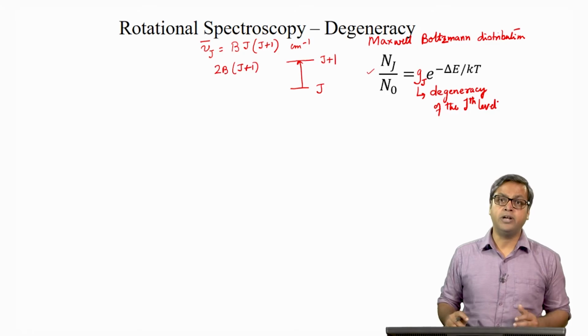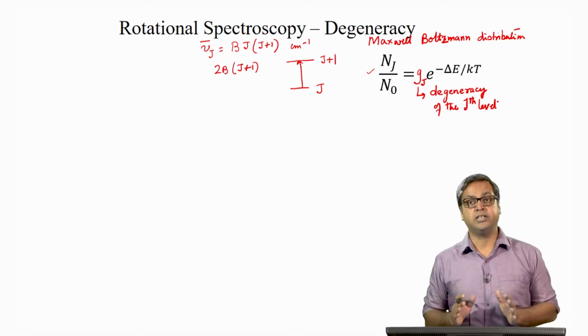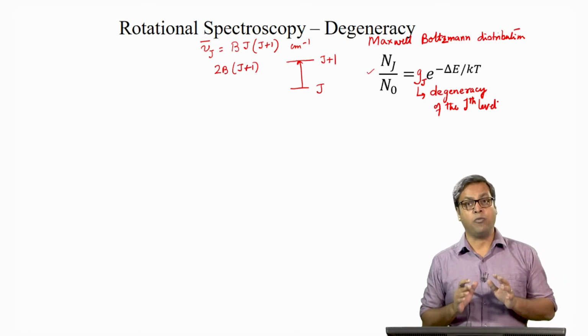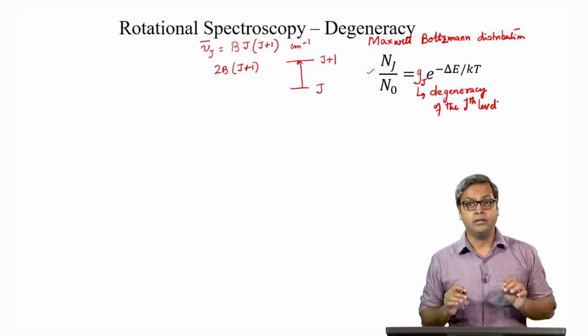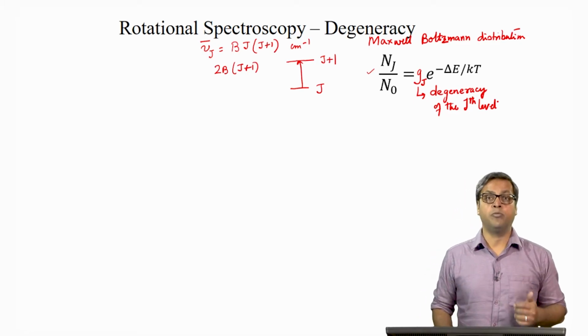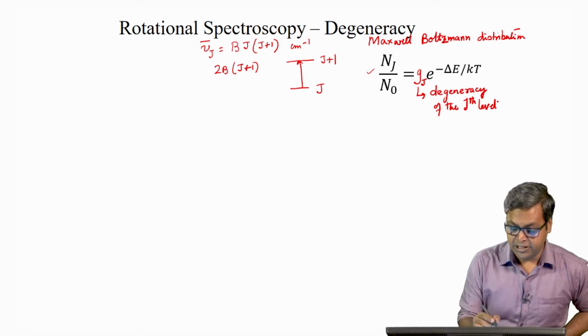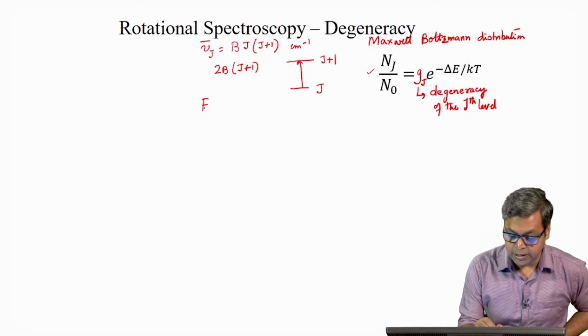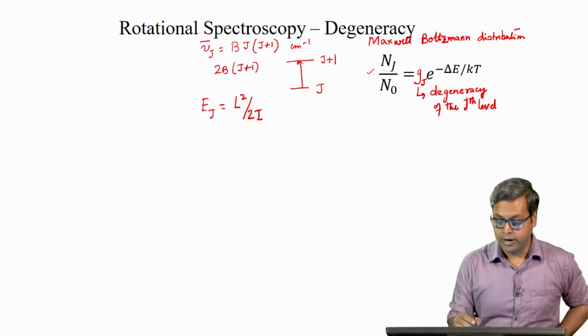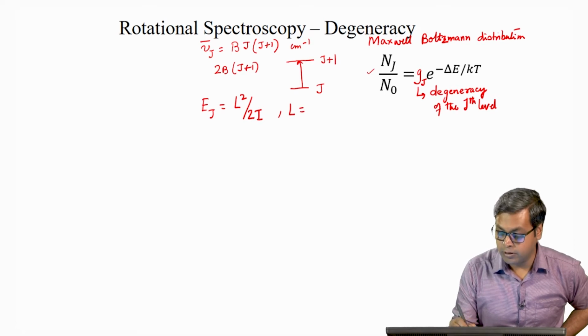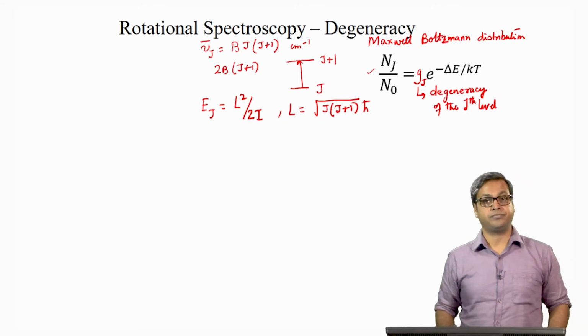As we have already discussed, the rotational energy states of molecules are related to its rotational angular momentum L, and the relation is given by E j equals L squared by 2 I, where L equals root over j times j plus 1 h cross.